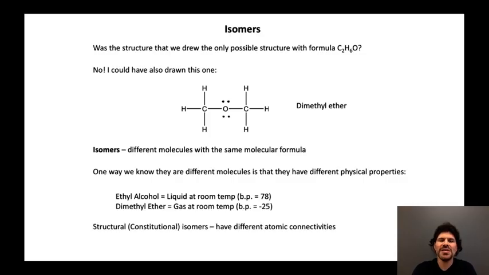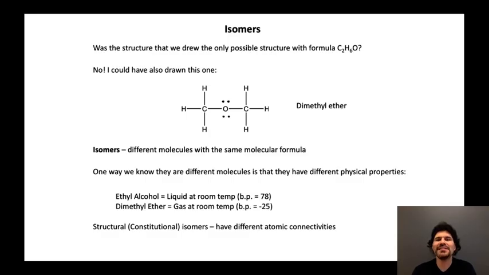Furthermore, these isomers are also called structural isomers. That's going to distinguish them from a different type of isomer called stereoisomers that we're going to see later in this unit. Some books are going to refer to structural isomers as constitutional isomers, but I actually like the term structural isomers.